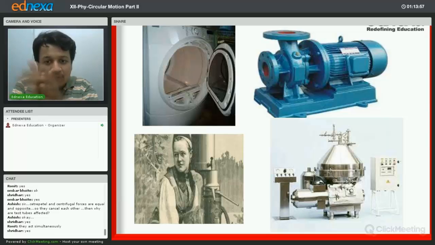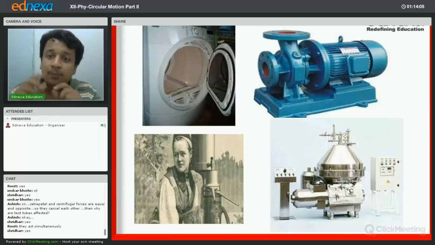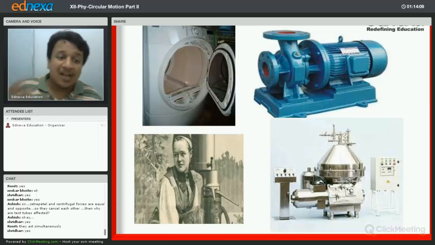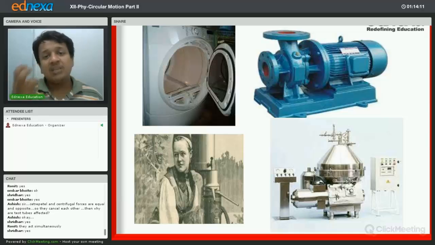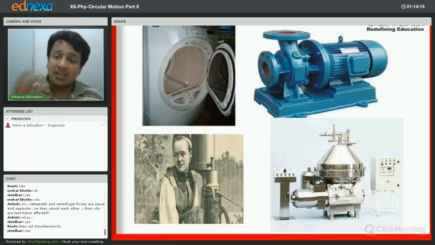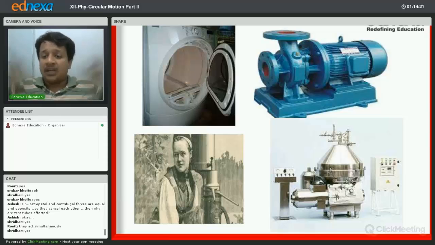When you do this, what will happen? At the center, there is a development of centrifugal force. The centrifugal force will push cream towards the walls. Why cream only? Because cream has more mass, it is heavier than milk or buttermilk. So cream or butter will get thrown towards the walls of the container.